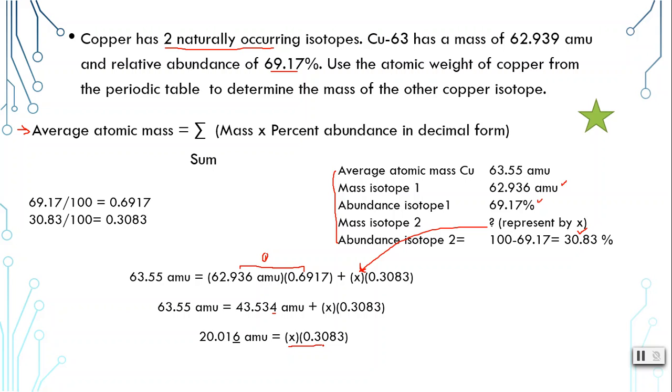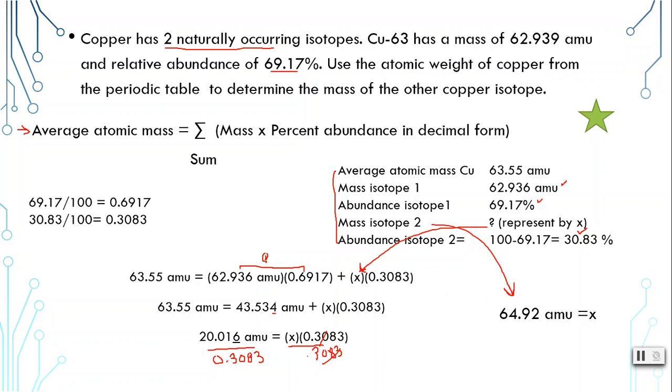To get x by itself, I need to divide both sides by 0.3083. Doing that, the 0.3083 will cancel out on the right, leaving me with my x on the right. And when doing that division, I get a final answer of 64.92. That is the mass of my second isotope.